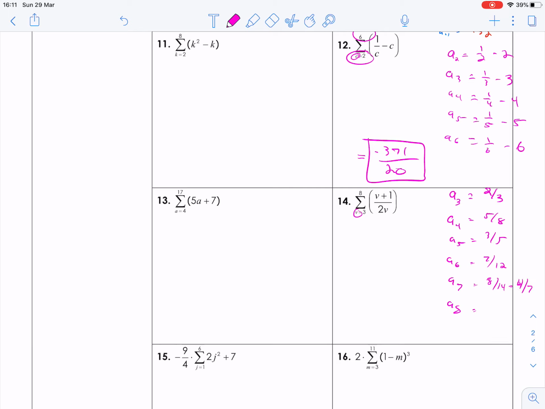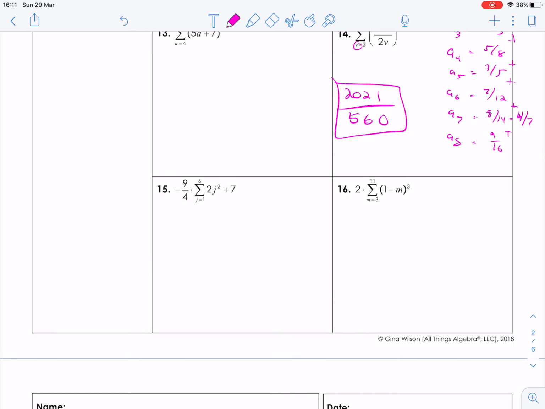And then we get 9 over 16. So we add these together, and we get this right here. Not bad.